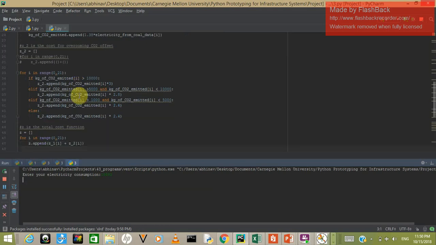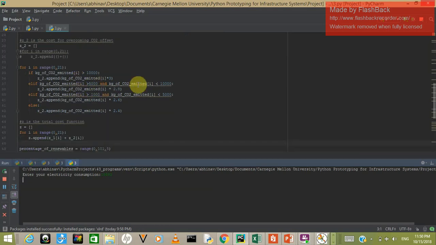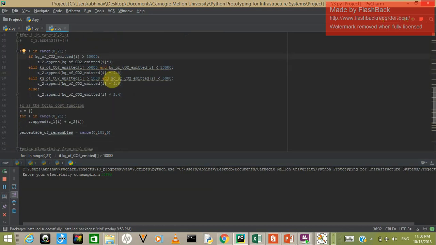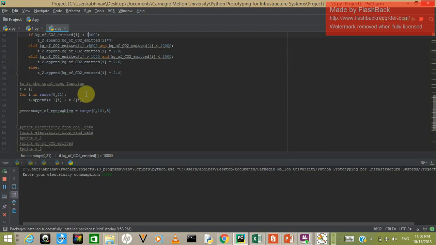And here, from the data we have taken, if the kg of CO2 is greater than 10,000, the multiplication factor is 3, which is roughly $30 per ton of CO2. Similarly, we multiply it by each slab of the market, and later on we plot the graph.